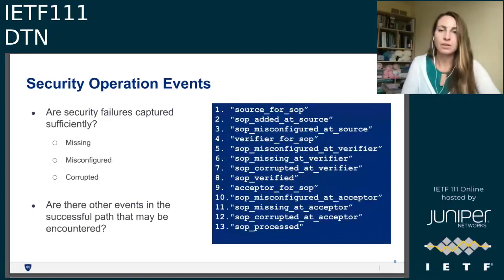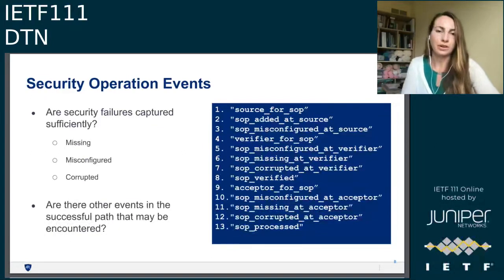And then on the other hand, are there events in the successful path that need to be included? Right now, the way that we identify success events is the identification of 2 different events at the processing node. So there is the identification of the BPA role. Those would be events 1, source for security operation, 4, verifier, and 9, acceptor for security operation. And then a second event occurs to show the success at that node.